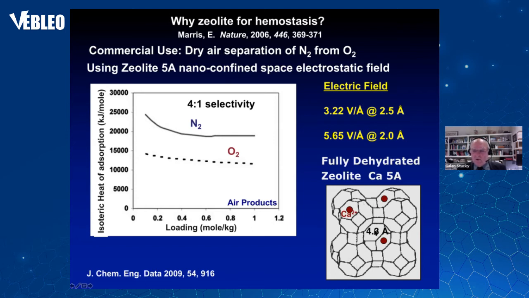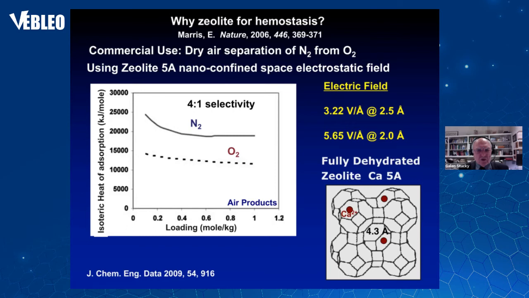In the pores, you have calcium ions, which are matching that charge, and you have very large electric fields, which are shown here as well. And that allows you to separate nitrogen from oxygen in dry air. And that's been a commercial process at Air Products and other places for many years.